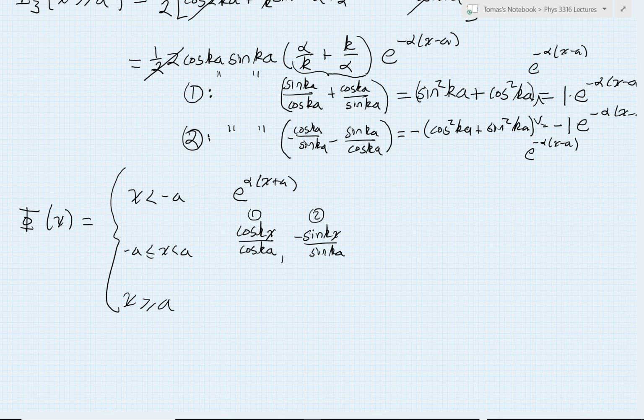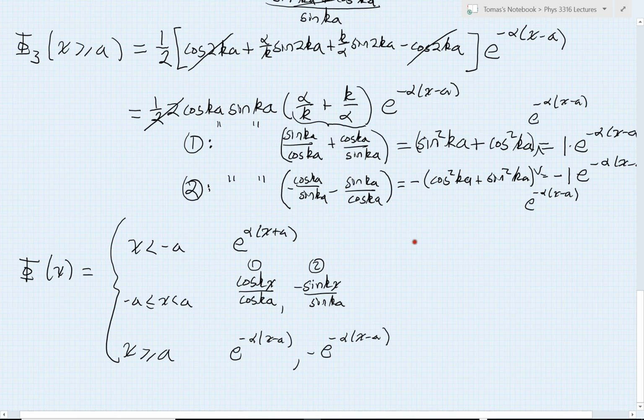I either have plus or minus, right? So for type 1, I have just e to the minus alpha x minus a. And for type 2, I have minus e to the minus alpha x minus a. Great. So our next task then is to look at some plots of these functions to see what it is that they're really telling us about the behavior of these wave functions.